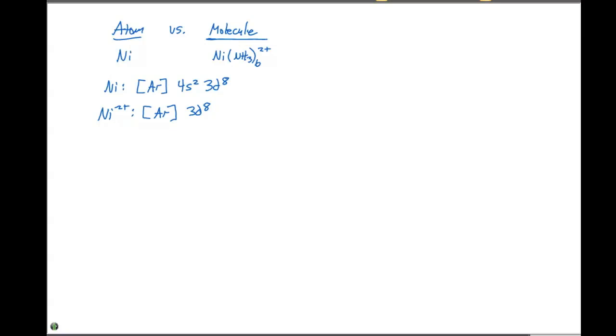The general statement that we can make here is it takes less energy to remove the 4s electrons from a transition metal.